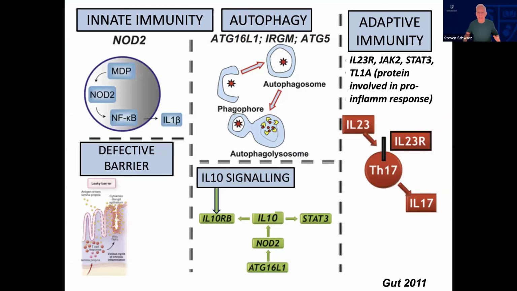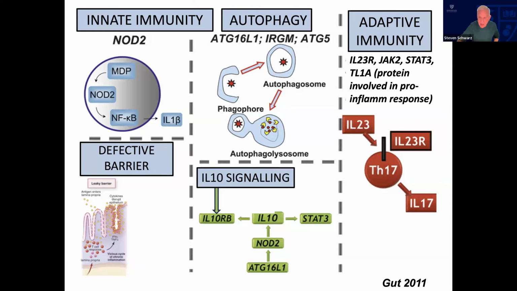So here again is sort of an overview of everything. We have the innate immune response, NOD2, autophagy, ATG16L, adaptive immunity, IL-23R, and the resultant JAK-STAT pathway. TL1A is a protein involved in pro-inflammatory response.